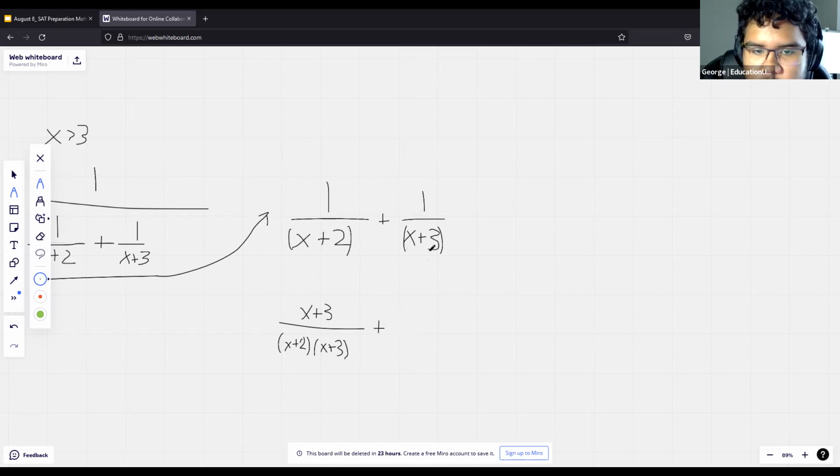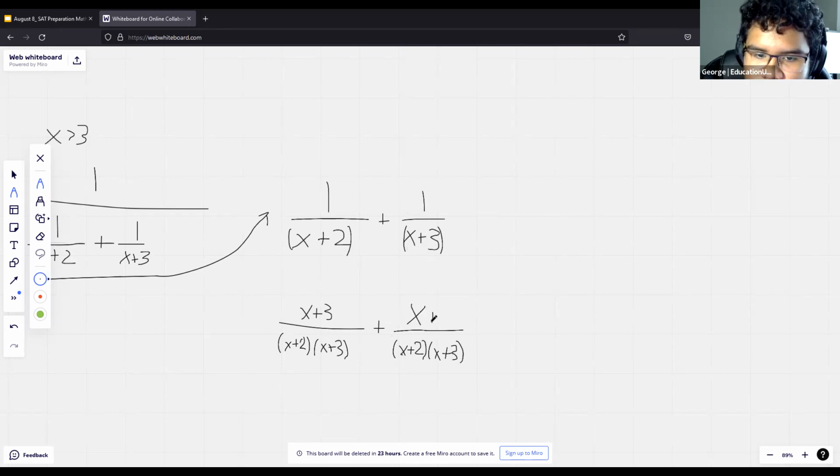So we're going to do the same thing on this right one. We once again have the denominator x plus 2 times x plus 3. Since this x plus 2 was not in the denominator before, we also have to write it on the top half.